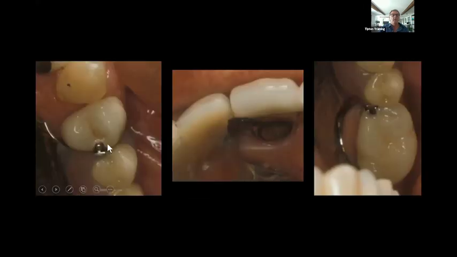And again, here are the attachments in closer view. The male attachment is attached to the denture. The female is inside the crown. So as we bite up and down, those forces are going down the long axis. And again, there's our male-female, and there's our male-female.